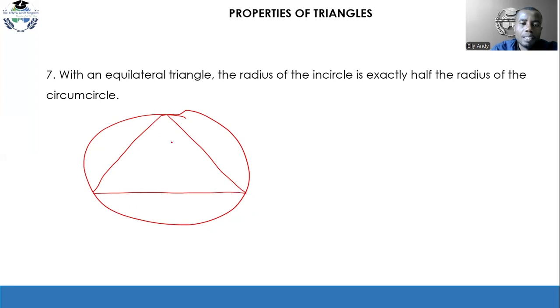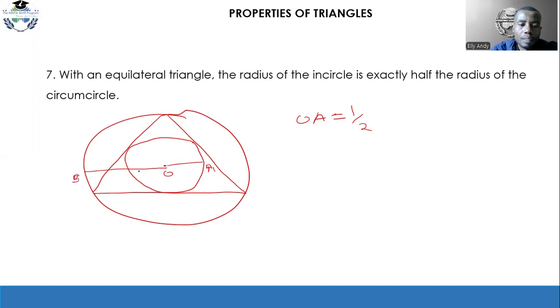So this is the circumcircle. Then we also have the incircle. So let's give this center O. So what we are saying here is that OA, if A is this, meaning OA is the radius of this incircle, OA will be half the radius of the circumcircle.